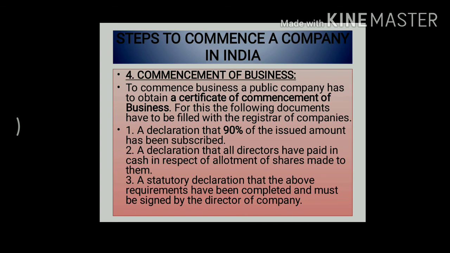So it has been paid by them, and that has to be informed to the registrar. And the third is a statutory declaration that the above requirements have been completed, which must be signed by all the directors, right? Especially the ones who have been assigned as signatories.